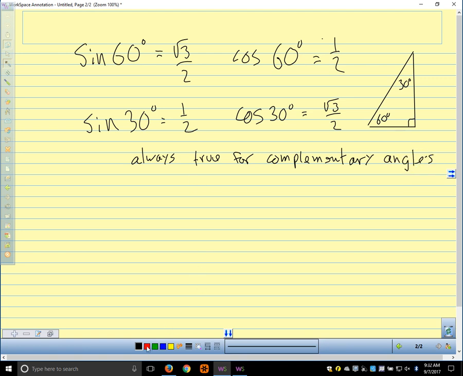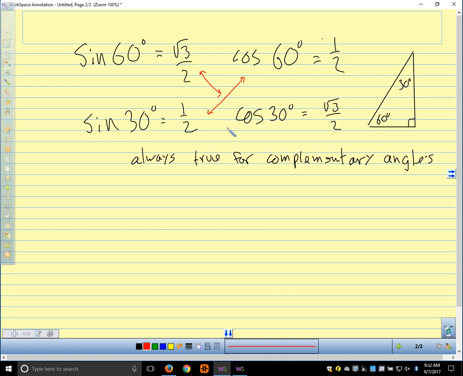That relationship is always true for complementary angles. And the reason is, in my right triangle, the opposite side for the 60-degree angle is the adjacent side for the 30-degree angle. So the opposite and the adjacent, depending on where the angle is, they switch around.